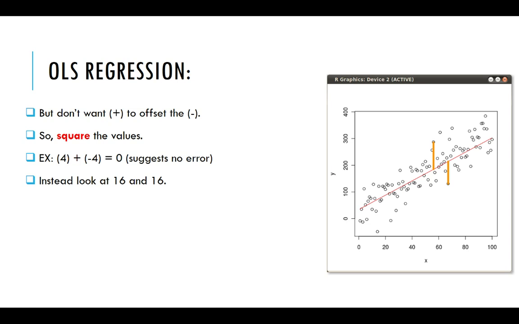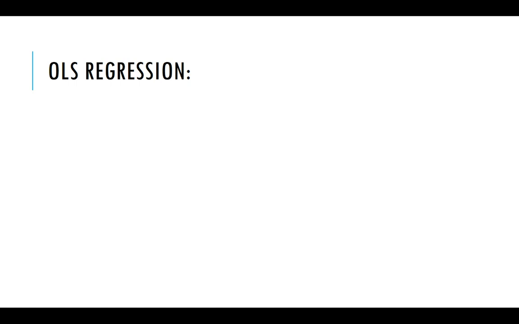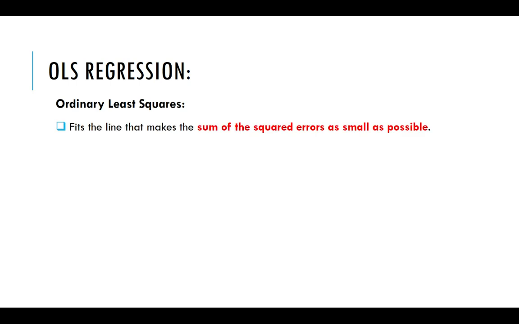Now they're not going to offset each other. 16 and 16 means there's residuals of 32, just for an example. Now, ordinary least squares, as we just said, is going to fit the line that makes the sum of the squared errors as small as possible. You understand why we have to square them, right? Because of the negative 4, positive 4 offsetting each other.